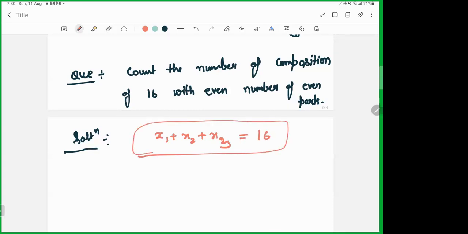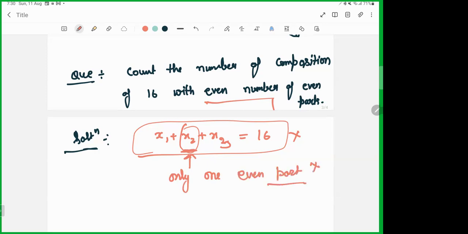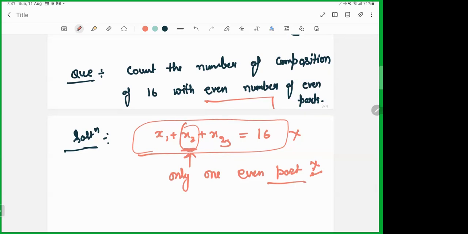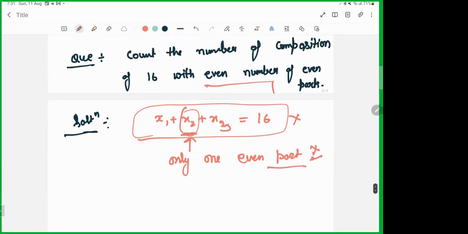This composition will not be counted because it has only x2 as an even part, only one even part, but the problem says an even number of even parts. Have you understood the problem? Yes, sir. So give me some idea how to proceed.